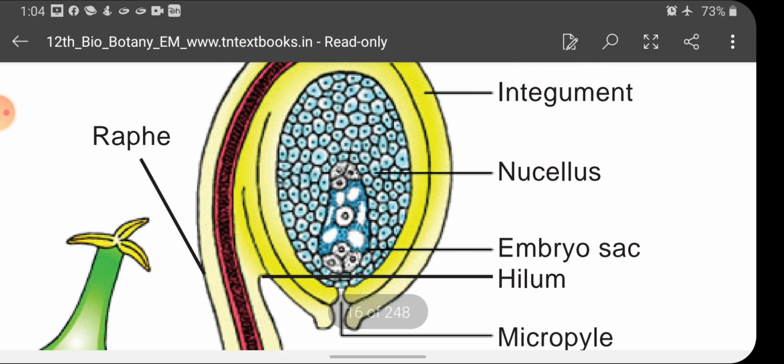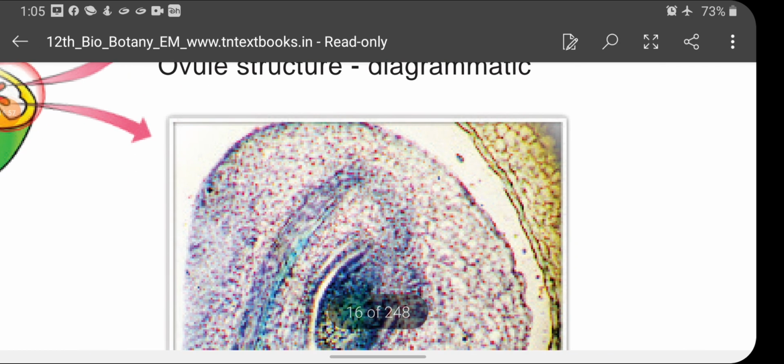Above the micropyle the structure called embryo sac is present. The embryo sac consists of nucellus, central nuclear region, and antipodal cells. So this is about the structure of the ovule.